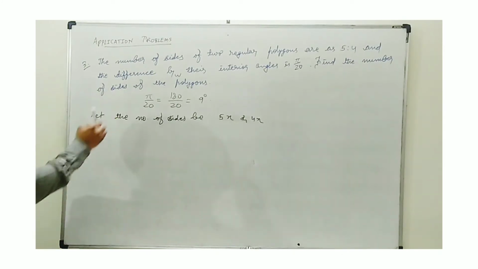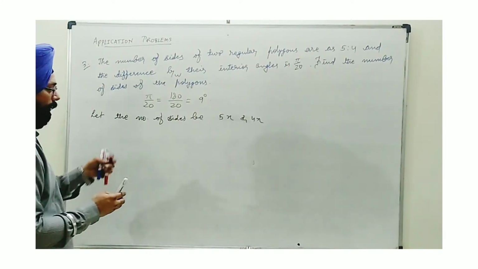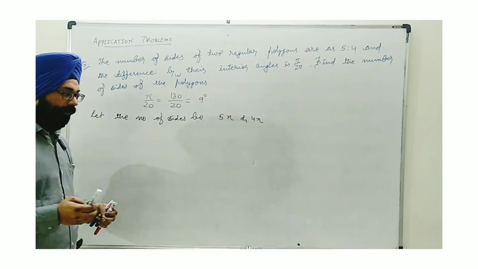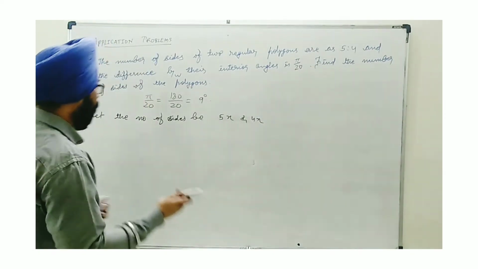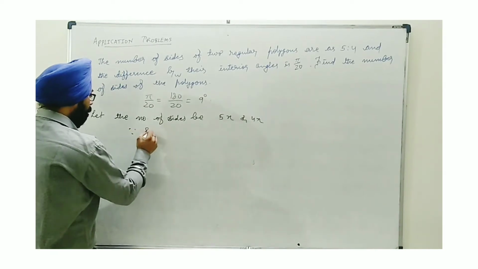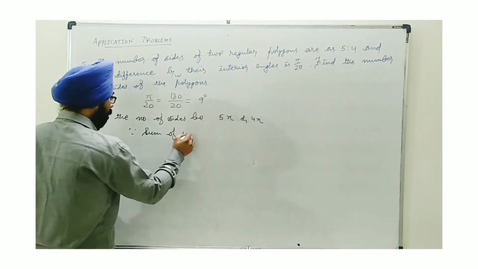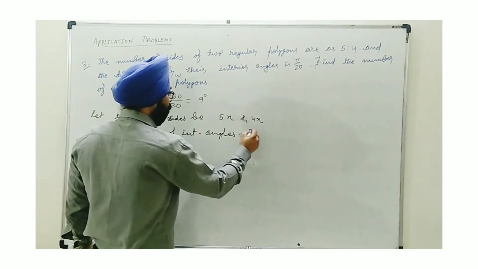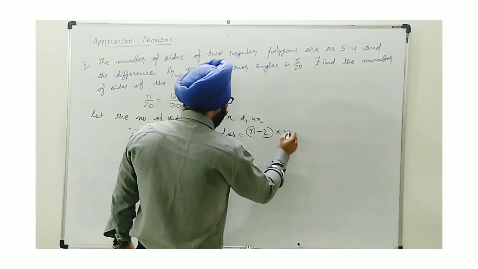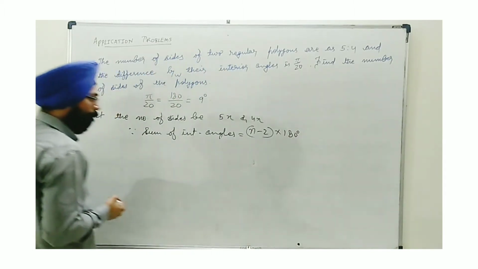Okay. Now the number of sides, in this pattern we follow. Recently I told you in the question that the sum of all the interior angles of a regular polygon is, by formula, (n minus 2) into 180 degrees.